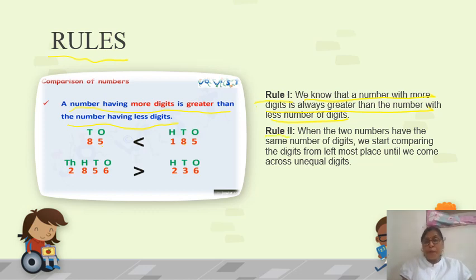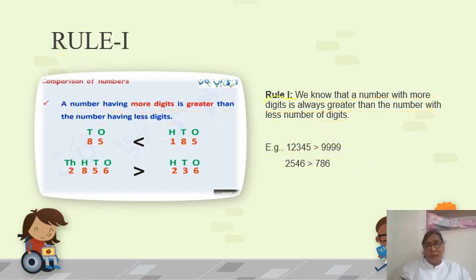Rule number 2. When the two numbers have the same number of digits, we start comparing the digits from the leftmost place until we come across unequal digits. We learn more in the incoming slide.